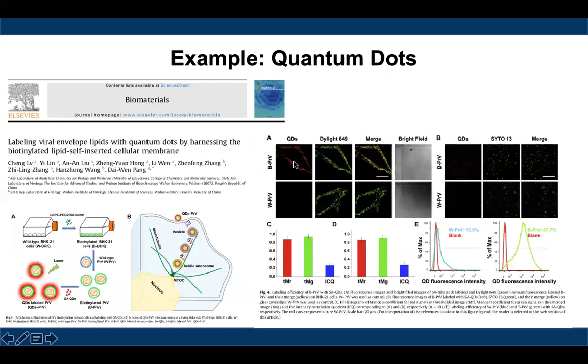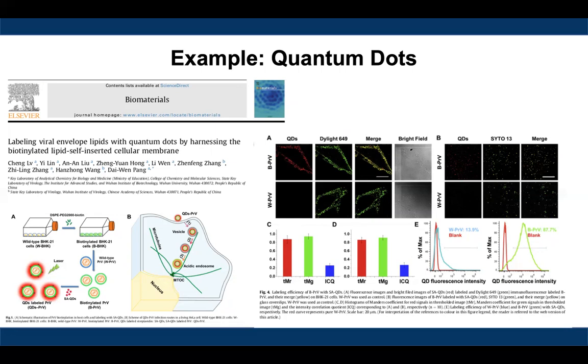And last, this is an example of quantum dots. So labeling viruses with fluorescent materials is the prerequisite for exploring virus-cell interactions. Compared with organic dyes and fluorescent proteins, quantum dots are excellent for long-term single particle tracking due to their unique photostability and high brightness.